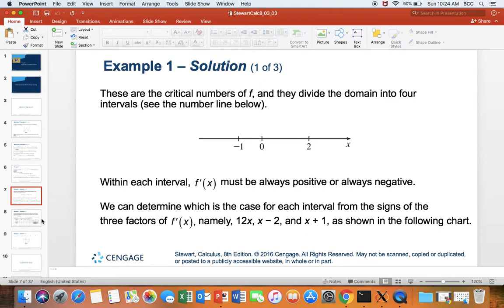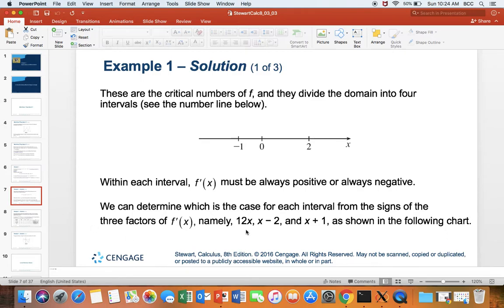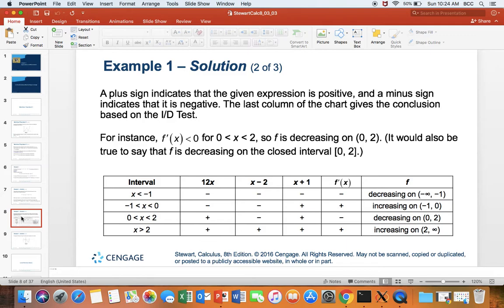So let's see what the factors of f prime are. They are 12x, x minus 2, and x plus 1. Look at the chart.